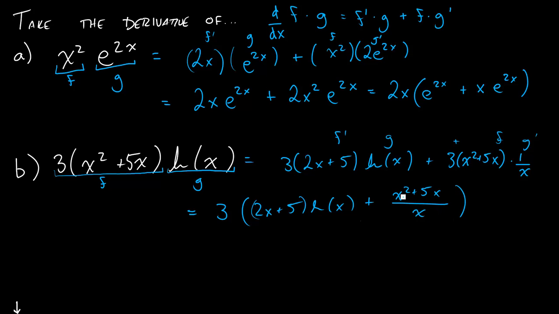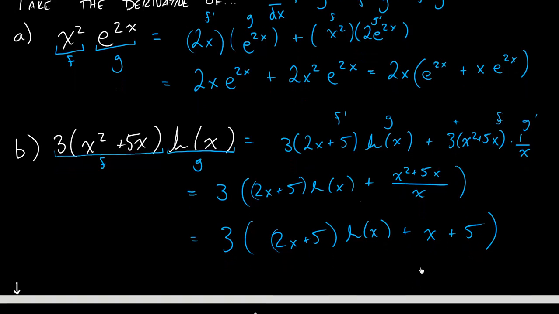We can pull an x out of each of these terms, the x squared and the 5x, so we'll be left with 3 times 2x plus 5 ln x plus x plus 5. So you may see it written like this, or you may see it written like this. You just have to be comfortable with your algebra moving between the different forms.